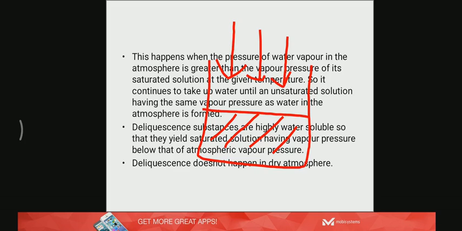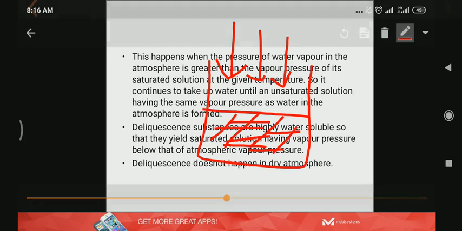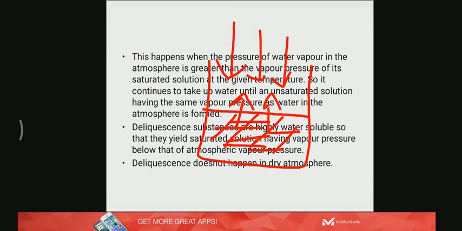That means if you take a saturated solution of NaOH, it has very low vapor pressure compared to the vapor pressure of water in the atmosphere. Suppose this is a solution of NaOH, its vapor pressure is very less compared to the vapor pressure of water in the atmosphere.